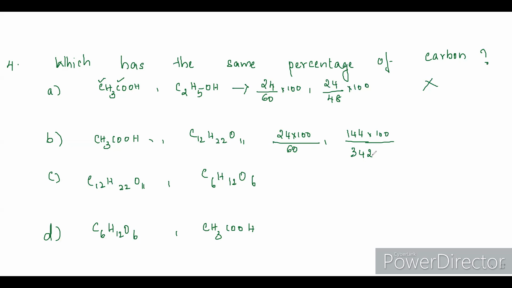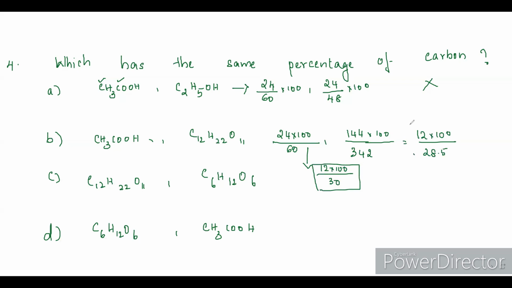Okay, so what I'm planning to do is just calculate or divide that 342 by 12. So it is 28.5. So this is 12 into 100 by 28.5, and this one will be, even if I divide them by 2, 12 into 100 by 30.